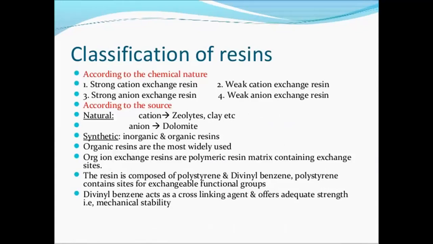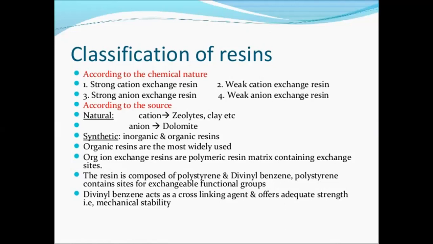So in ion exchange chromatography, the most important requirement, the most important substance or compound, is nothing but the resins. The mechanism is on the surface of the resinous substances.